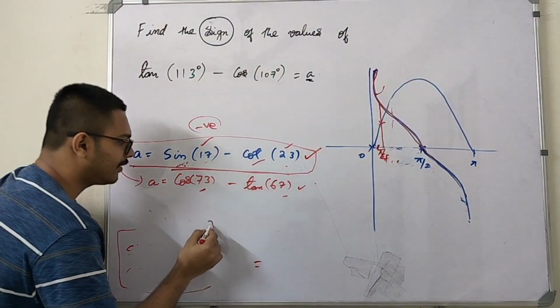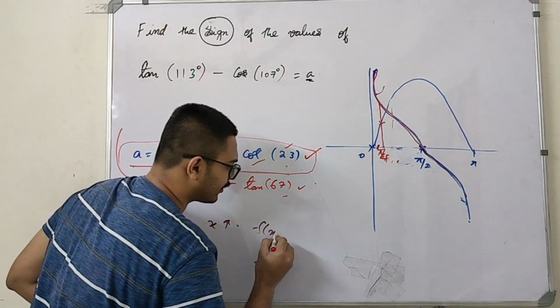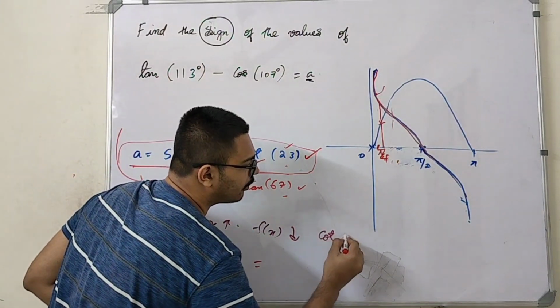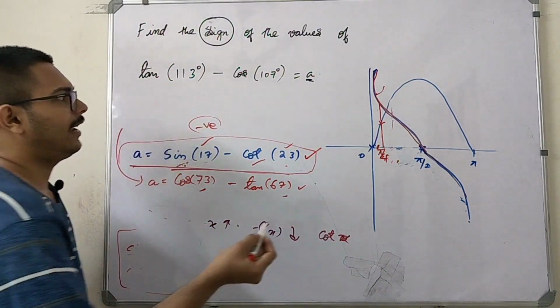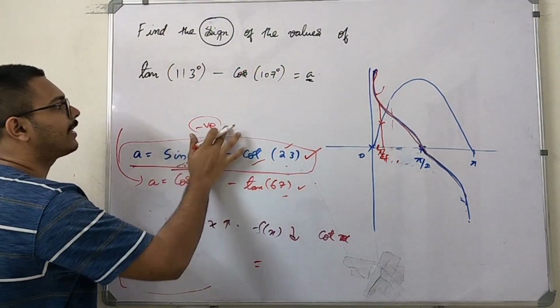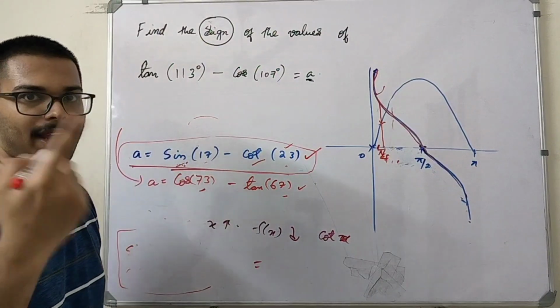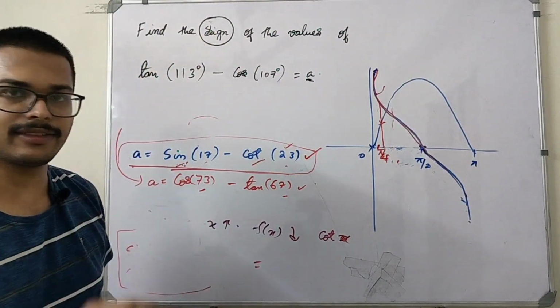As x increases, the value of the function decreases for cot x. And the maximum value of sine theta can be attained as 1.